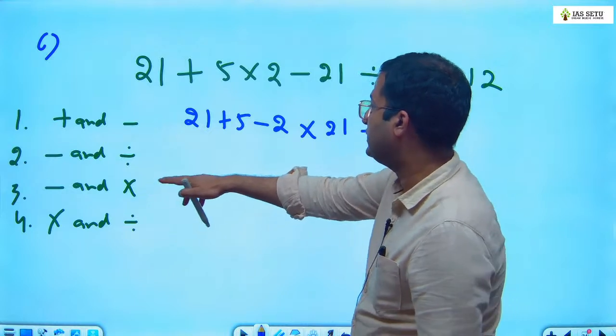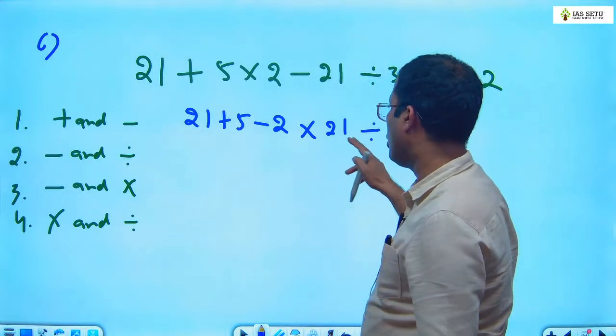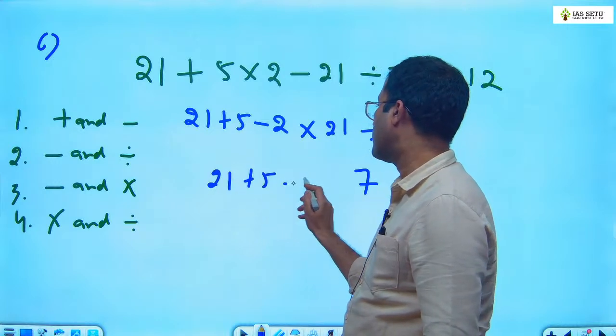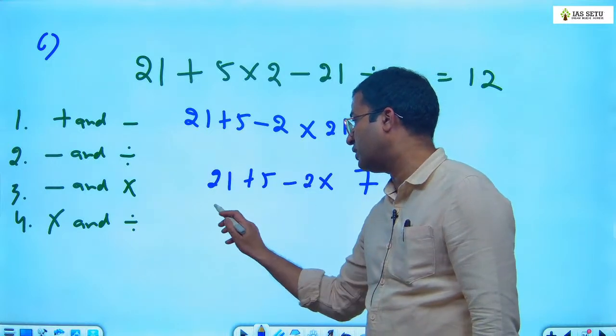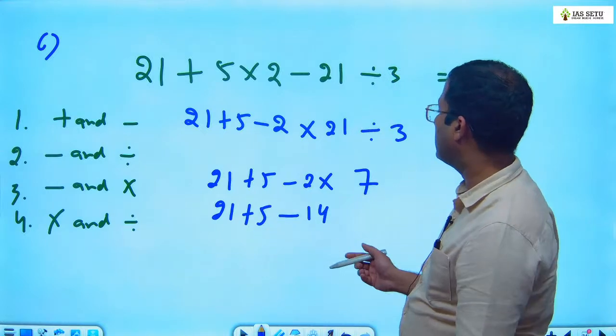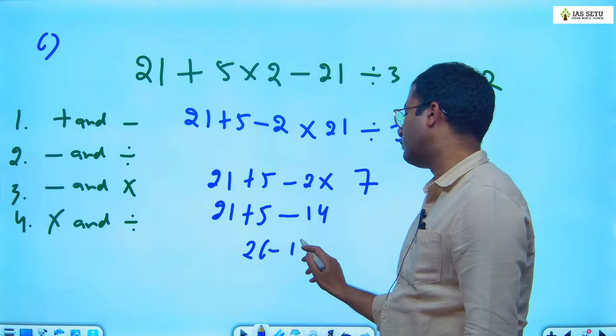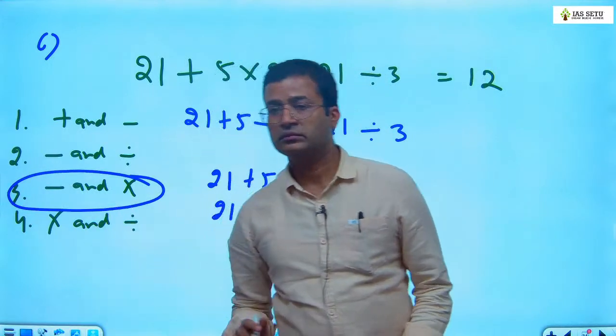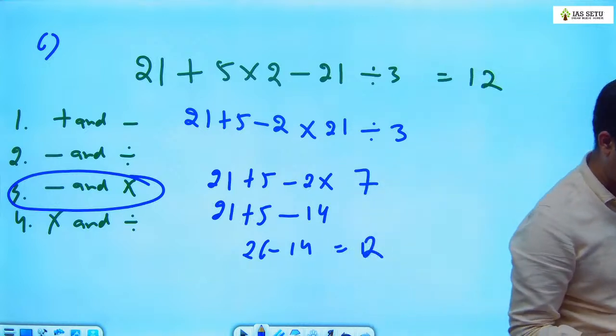Answer option C we try. Here BODMAS first is 7, 21 plus 1 and multiplication 21 into 10, 20. So question number 6, make the correction.